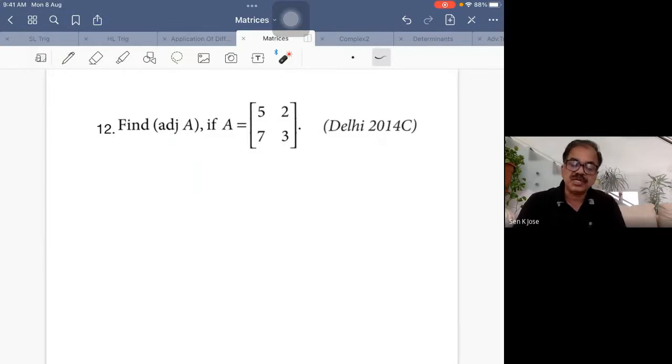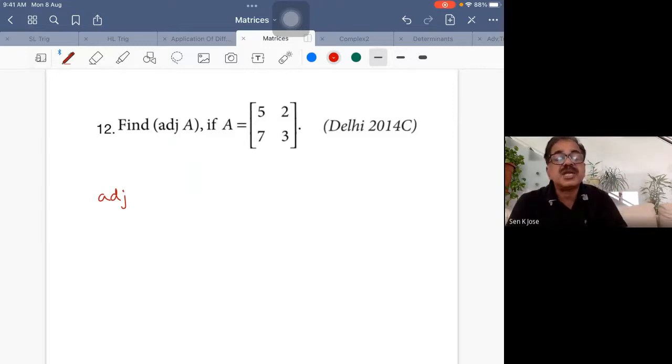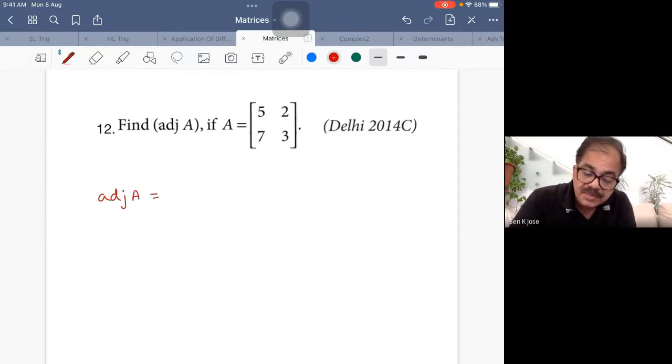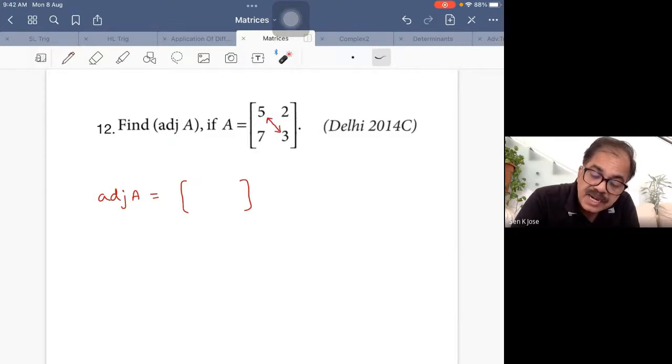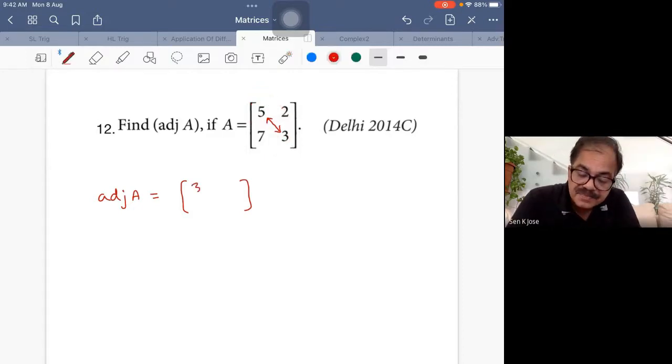We have a shortcut. We can directly write it. Don't have to do the cofactors, don't have to take its transpose. Adjoint of A has a shortcut. You interchange the diagonal elements. It's 5 and 3, you make it 3 and 5.